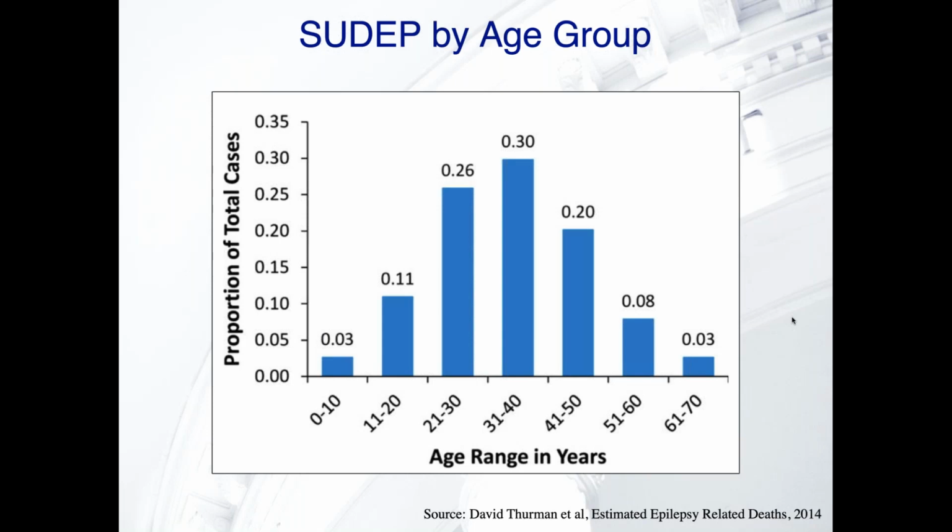And if you think about it, that makes a lot of sense. Generally speaking, these are people who are living more independently. They may live alone. They might be unmarried or not have a significant other they live with or a caregiver who's looking after them quite as well. These are also going to be individuals who have had their epilepsy for a longer period of time. So those are some reasons why you see that peak in the adult years.